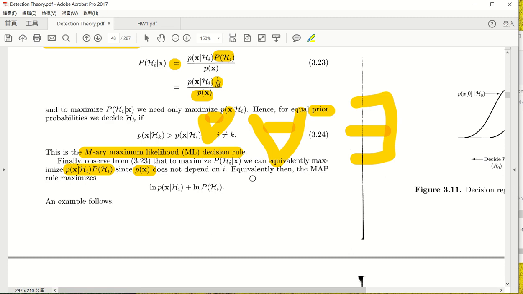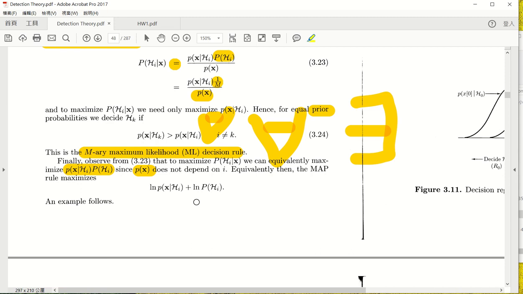Equivalently, the MAP rule maximizes this thing. Okay, we have this thing, but we take log of it, which we call monotonic transformation, right? Something to be maximized, then you take logarithm of it, you maximize it, they're equivalent.